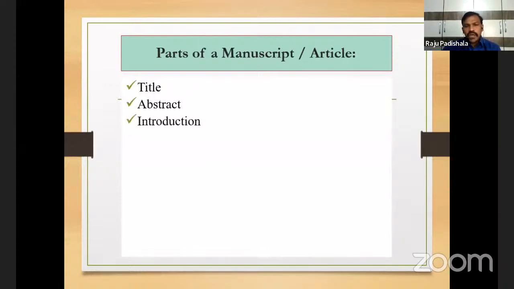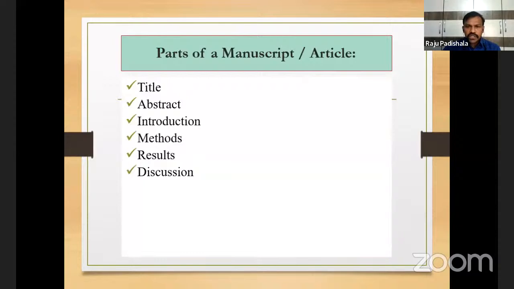So in the introduction, we have to mention the introduction about the research topic. Then various methods. What are the methods we have used for our research? We have to clearly mention in the methods. And after the research completion, we will get some results. Those results should be mentioned in the manuscript or article.